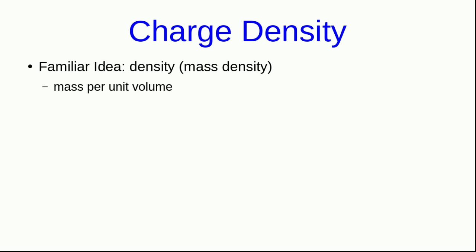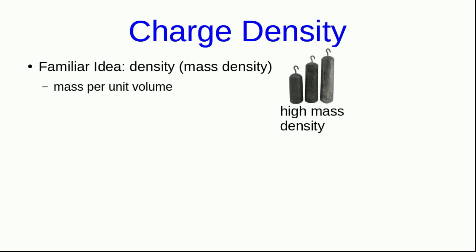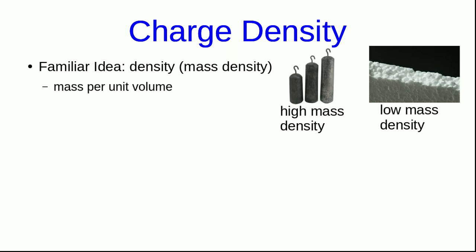An idea that's important when we're calculating the fields due to charge distributions is charge density, and this is related to familiar ideas that you already know. You've certainly come across the idea of density, or more properly what we would call mass density, which is a mass per unit volume. So for example, lead has a high mass density, whereas styrofoam has a very low mass density.